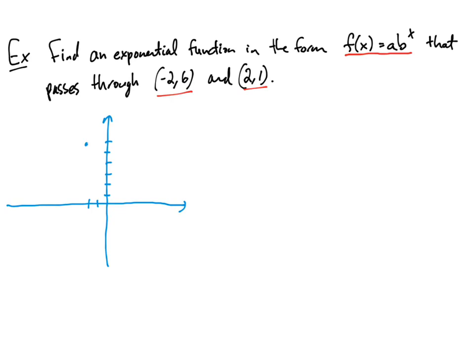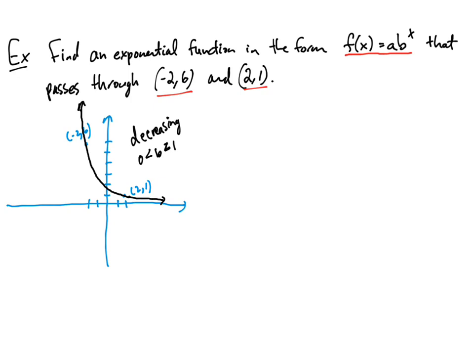I have this point here, that's negative 2, 6, and then we have 2, 1. So the exponential function is going to do something like this. Okay, so this is going to be decreasing.